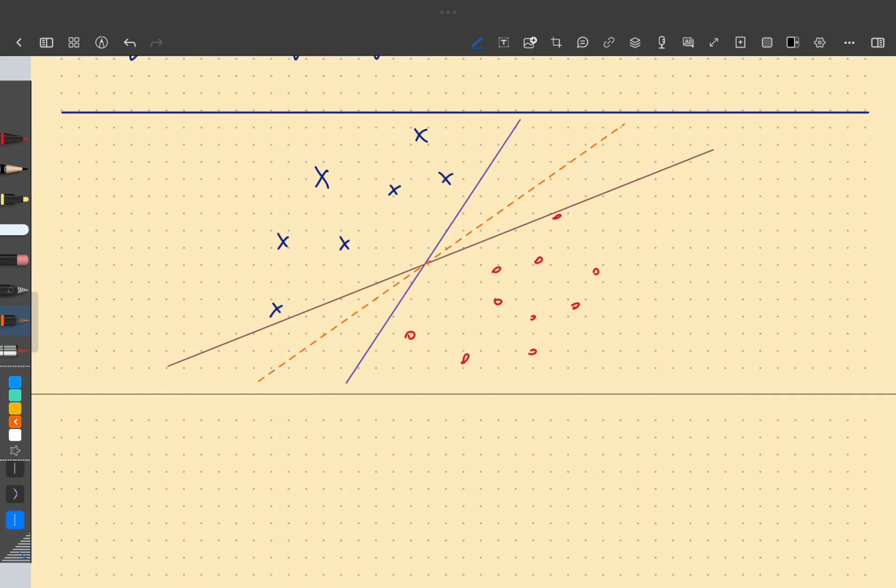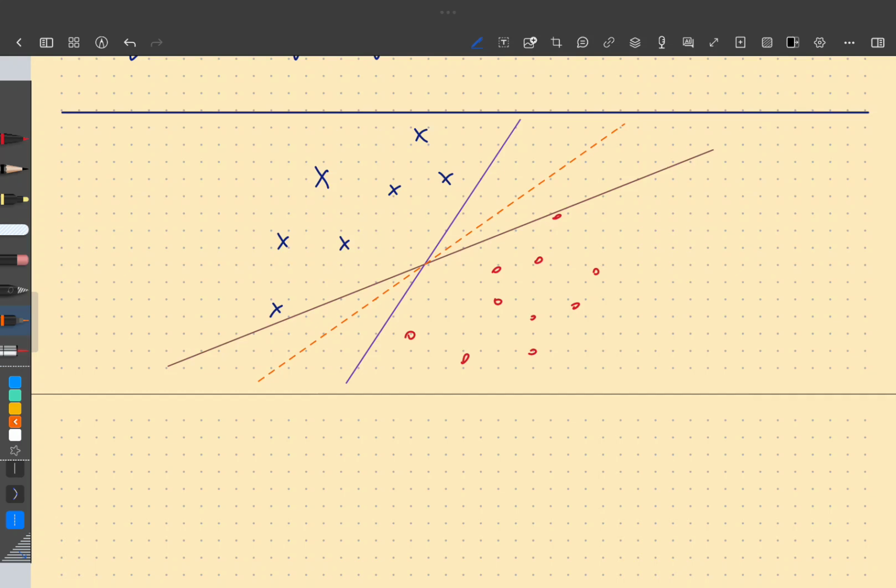Out of these, which one would you prefer, visually speaking? You prefer the orange classifier because in some sense it ensures that the two sets of points are as separated from each other as possible. To be a little more precise, it ensures that the distance from this hyperplane to either of the two sets of points is pretty large compared to the other two.